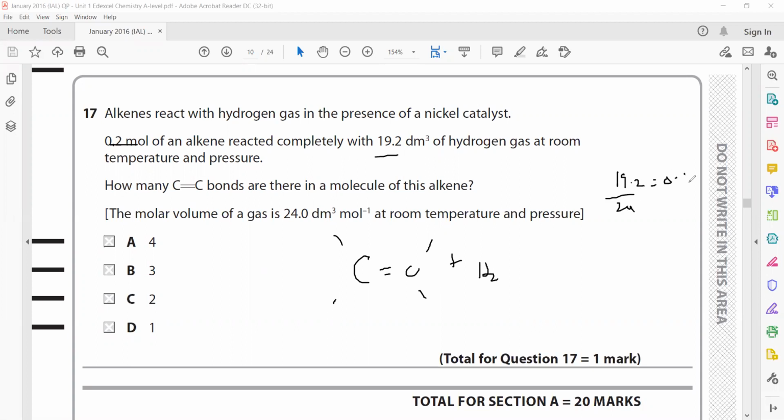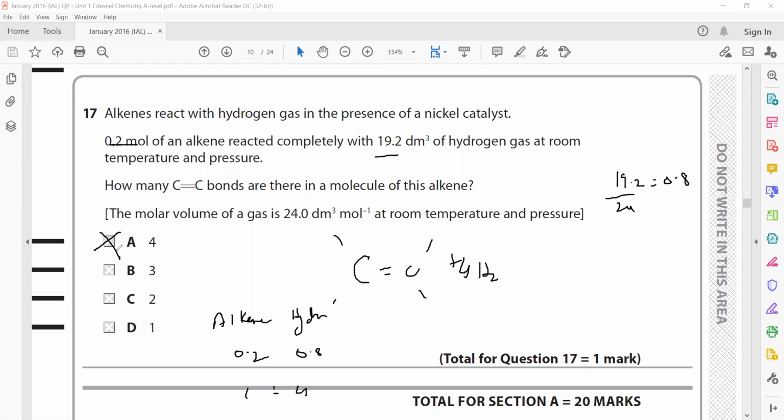That will be 0.8. So the ratio of alkene to hydrogen is 0.2 to 0.8, or in the simplest ratio 1 to 4. It means there are 4 moles of hydrogen, so this alkene contains 4 double bonds. That's why A is the right answer.